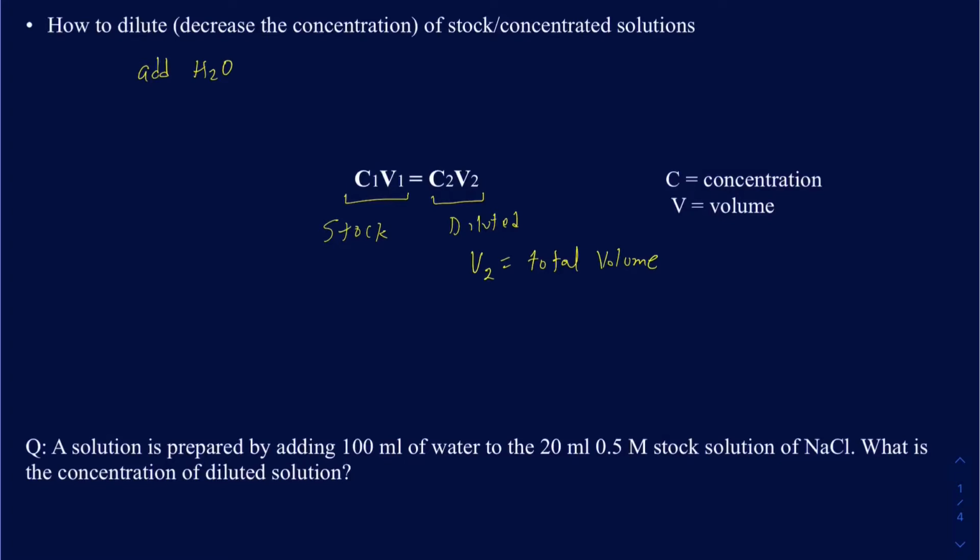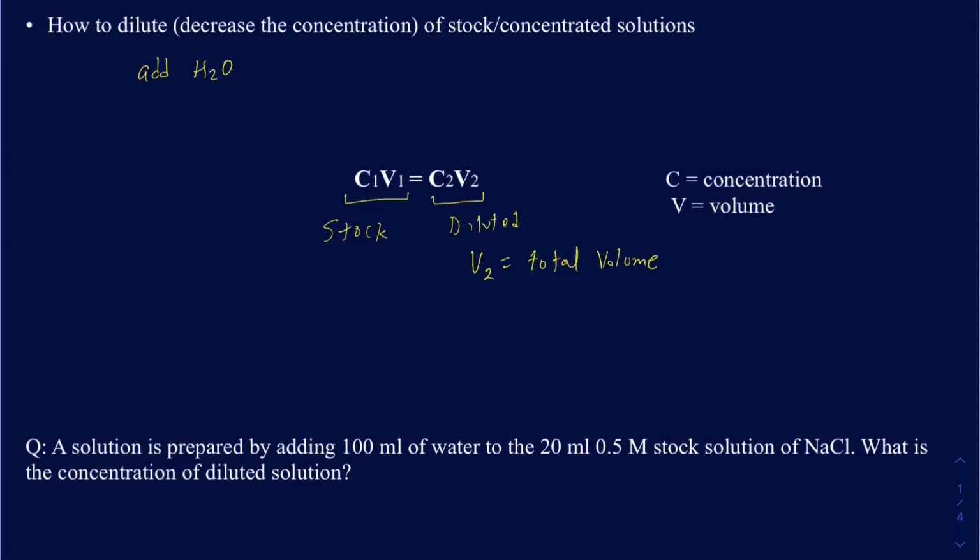As long as in a given question you're able to identify what your stock concentration and volume are, and what your diluted solution concentration or volume needs to be, you can easily do these problems. Let me go ahead and do a couple of these problems so that you can see how to use this formula.